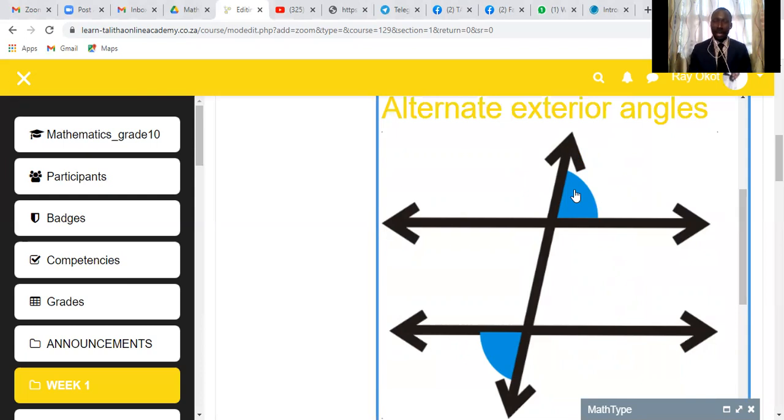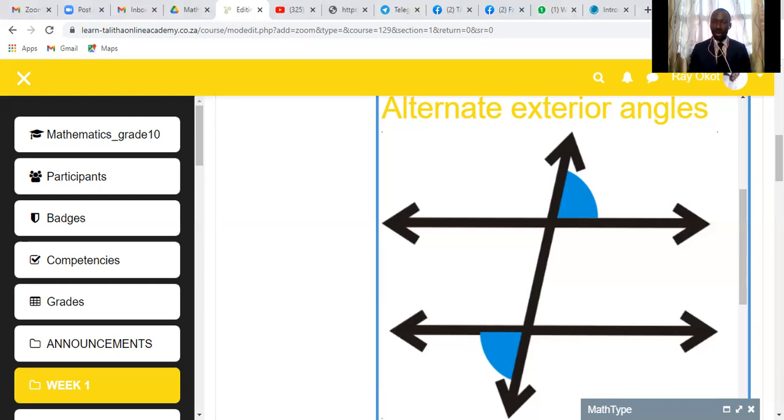For alternate interior angles, we would either have this angle and the other one, or we would have this angle and that one. But this one we are discussing is alternate exterior angles. That is what we would like to investigate in this lesson.